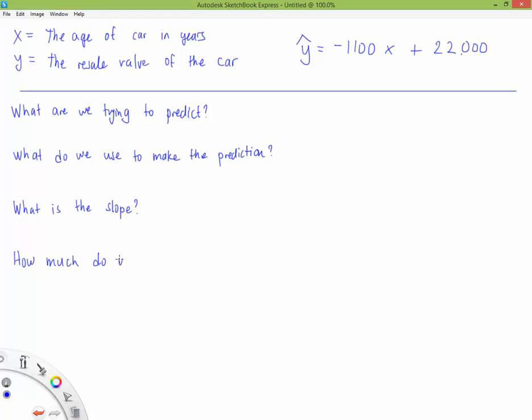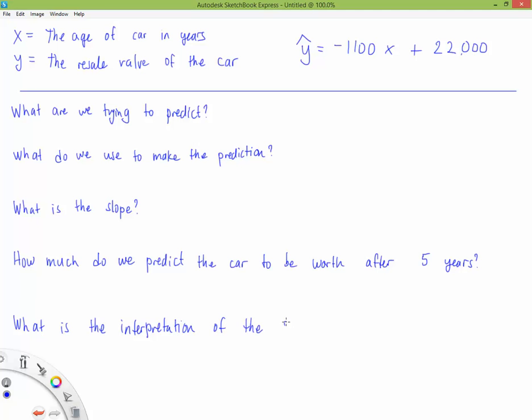How much do we predict the car to be worth after 5 years? What is the interpretation of the slope? Okay.